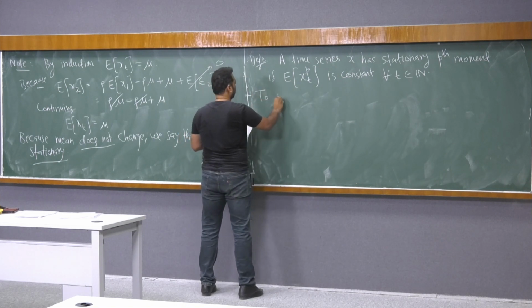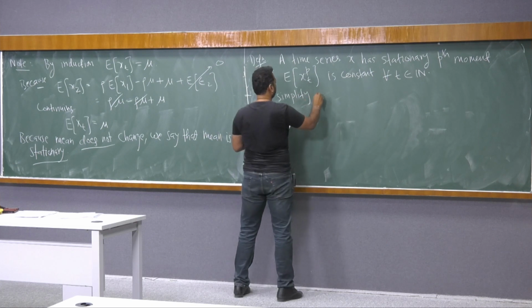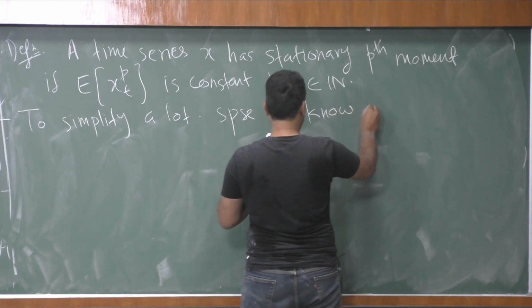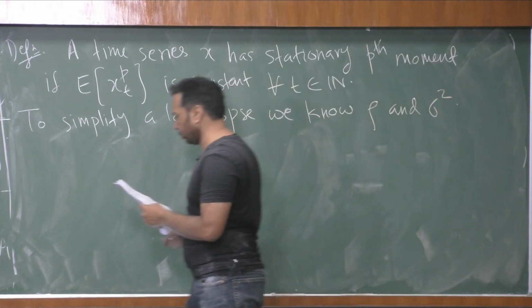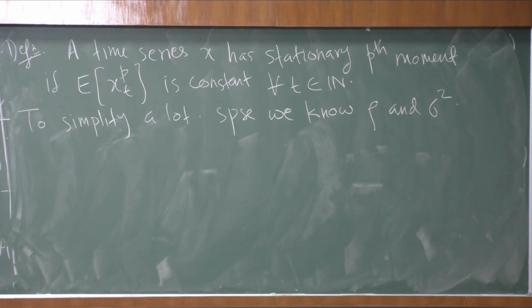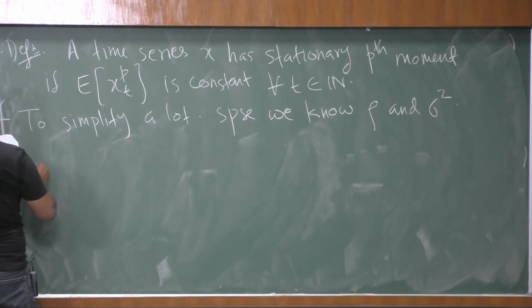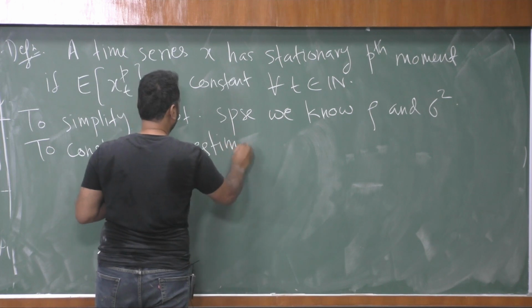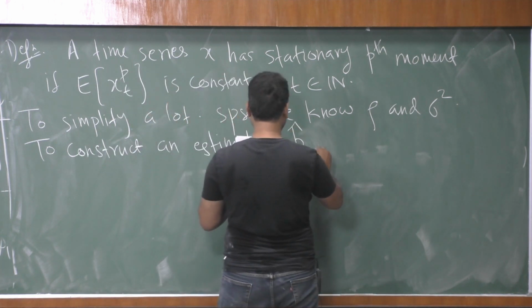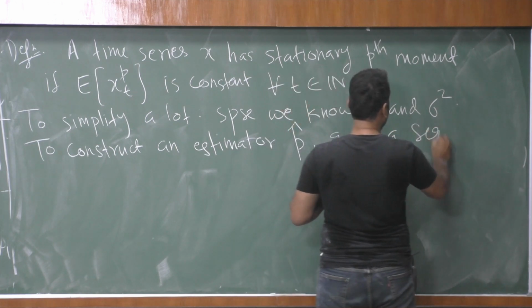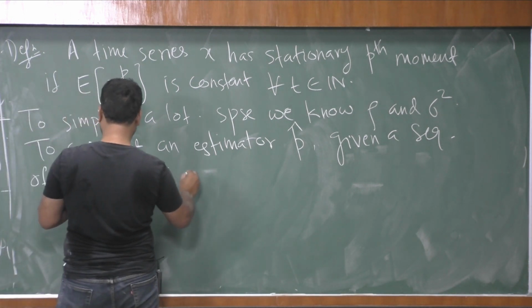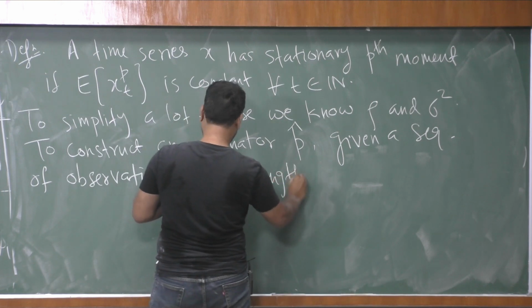Okay, so to simplify a lot, suppose we know rho and sigma squared, and we want to construct an estimator of the density, let's say p hat, given a sequence of observations x of length t.